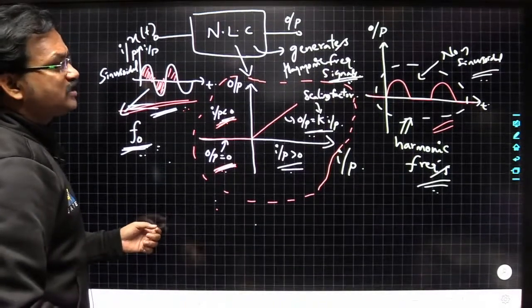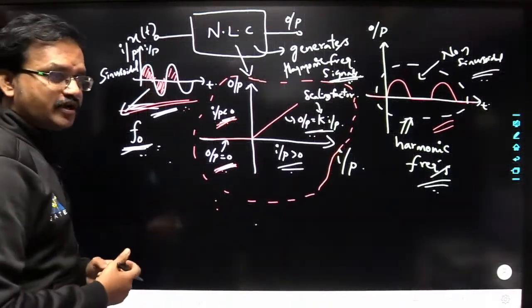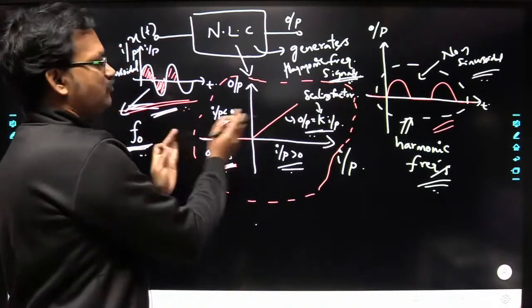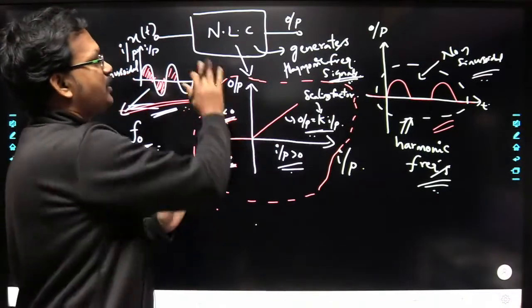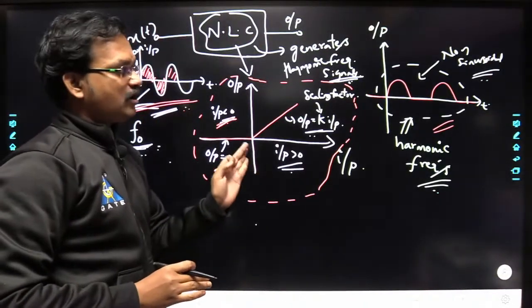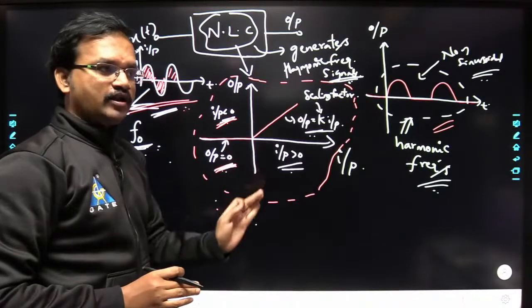We studied these things in the previous session. To explain it clearly, I took one example and explained the behavior of a non-linear circuit. This is what happens whenever you operate the circuit in the non-linear region.